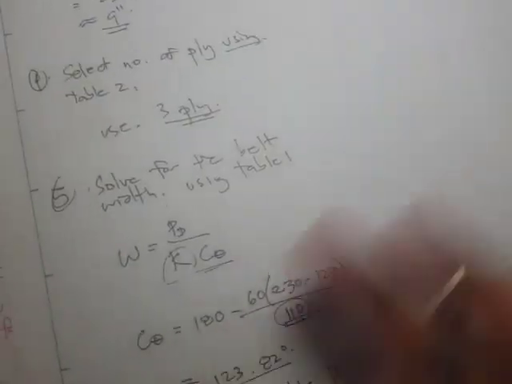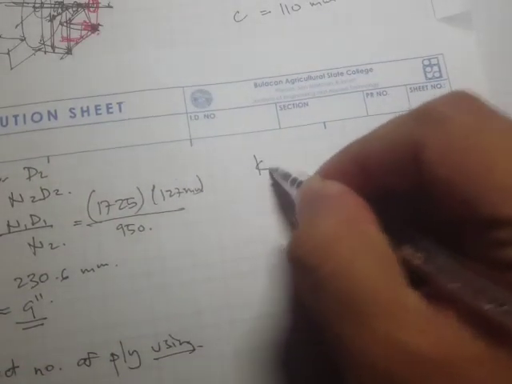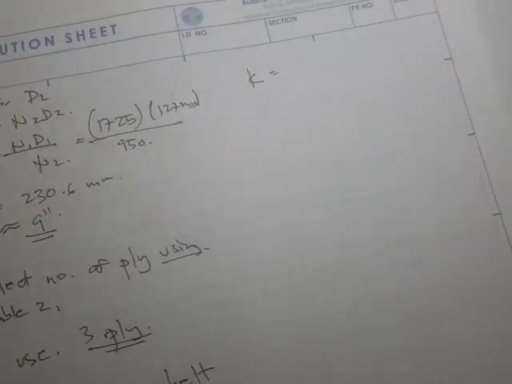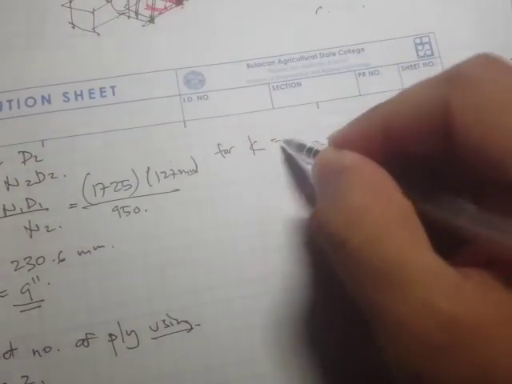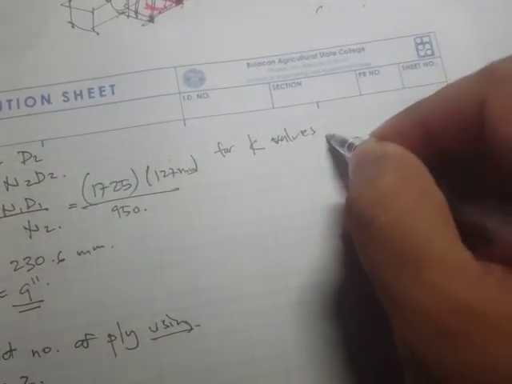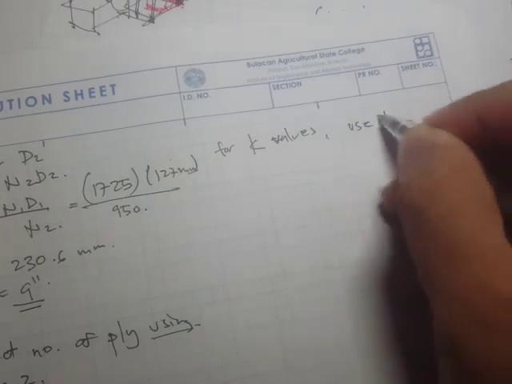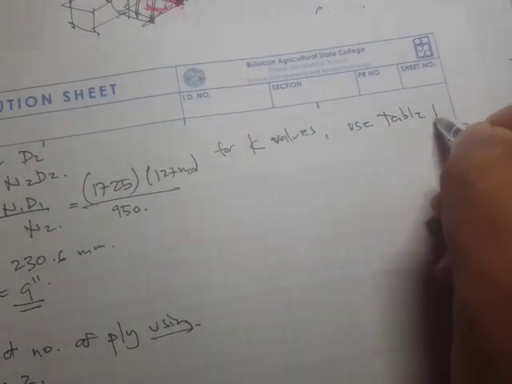And now for the K. For the K values, let's go to table 1. Let's write here for K values, use table 1.